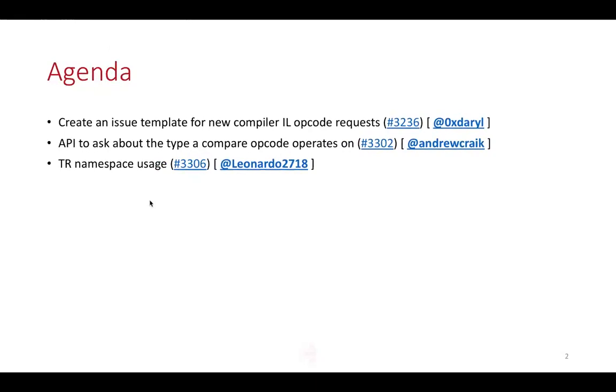After much discussion, the resolution was that everything should just go in the TR namespace, and documentation was written that says this, although it's worded in a bit of a strange way, but never mind that.